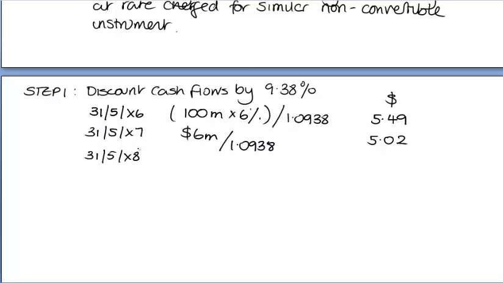And at the 31st of May X8, this is going to be the current date, we assume that we repay the capital of 100 million and we pay the interest of 6%.